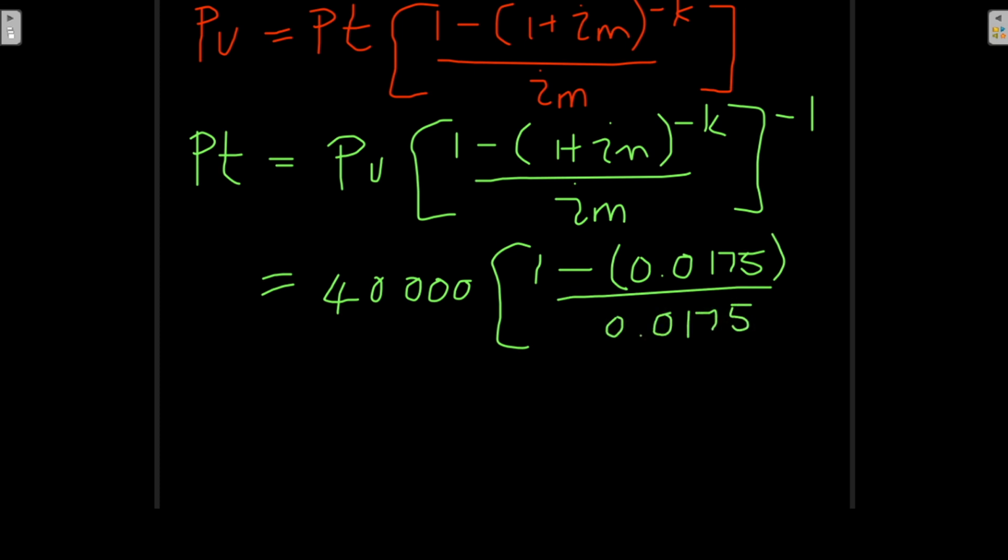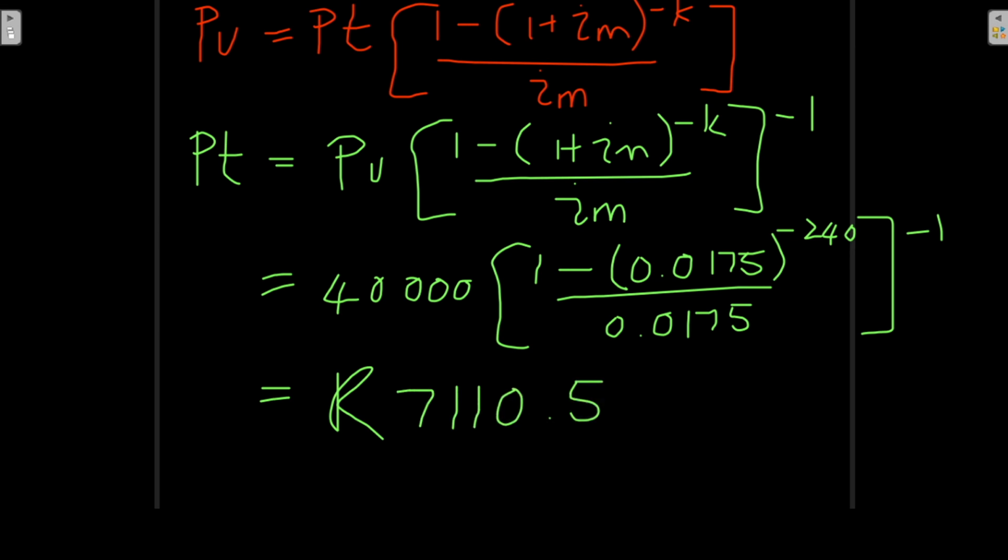And the number of payments: we are working with monthly payments for 20 years, so it's 20 times 12 to give me 240 payments, so minus k is minus 240, everything to the power -1. And if you do the calculations, you get the value of the monthly payments.